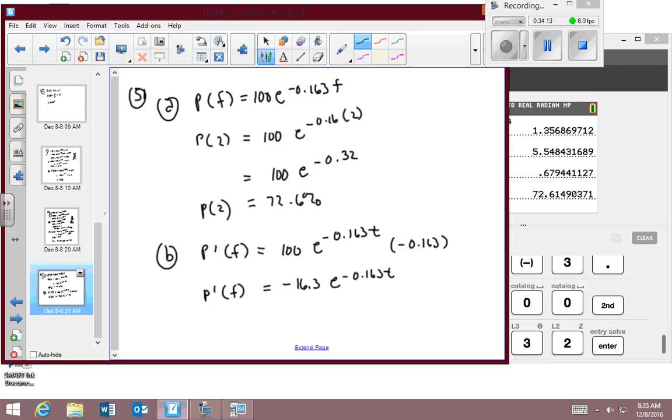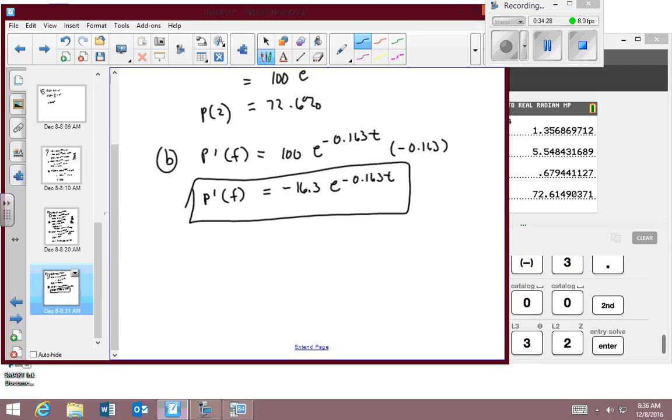So this is what B is asking for. At what rate is the percentage of surfactants that remain in a quantity of fuel changing when 2 feet of clay are present?